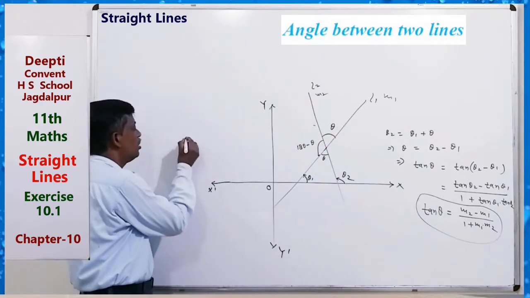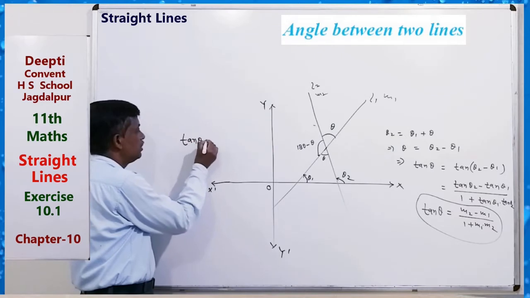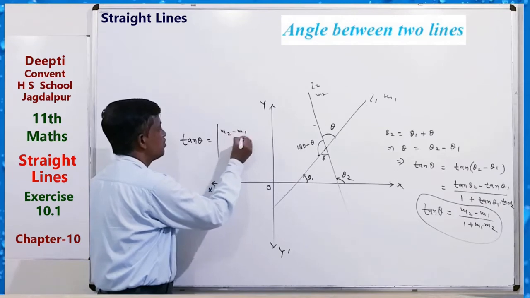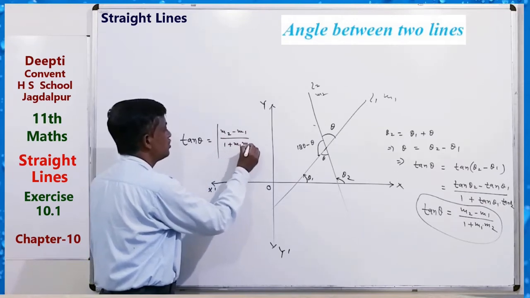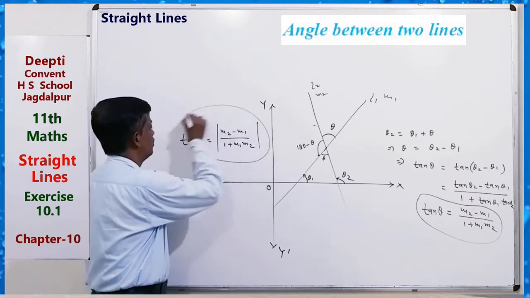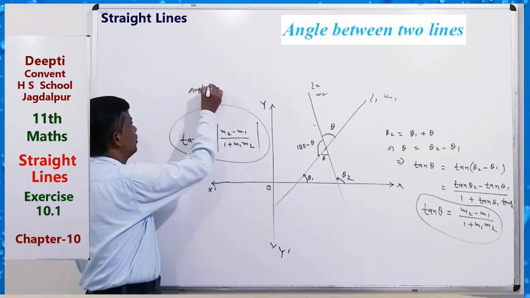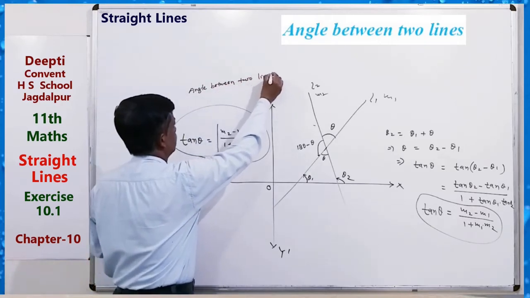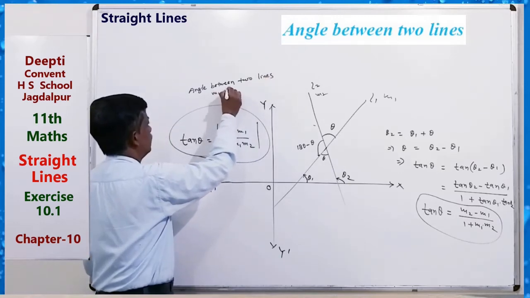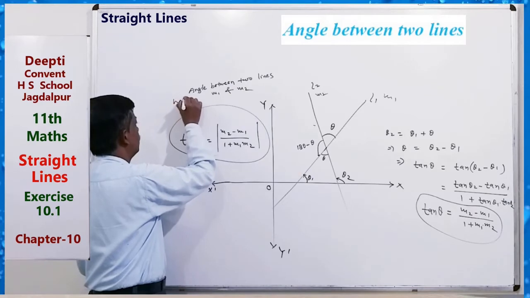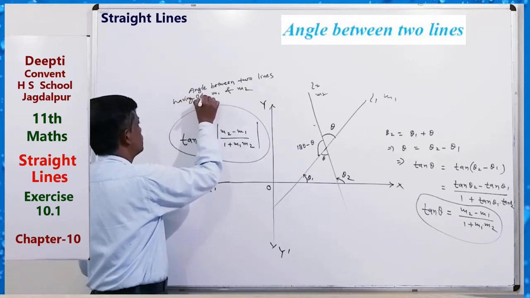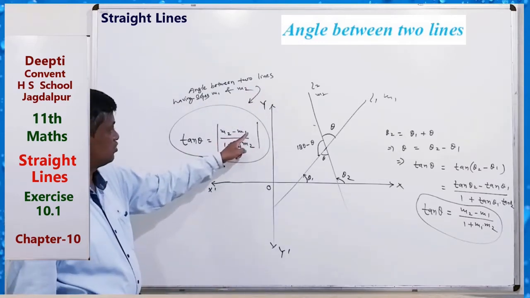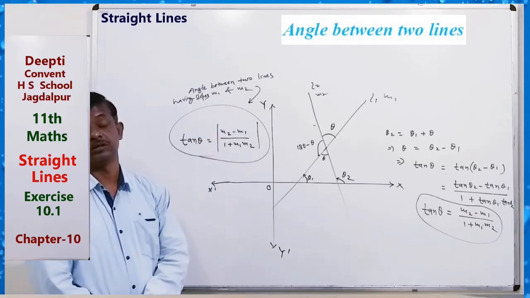So our formula for finding the angle: for acute angles, tan theta equals m2 minus m1 upon 1 plus m1 m2. So this is our formula for the angle between two lines having slopes m1 and m2: tan theta equals modulus of m2 minus m1 upon 1 plus m1 m2, the acute angle.